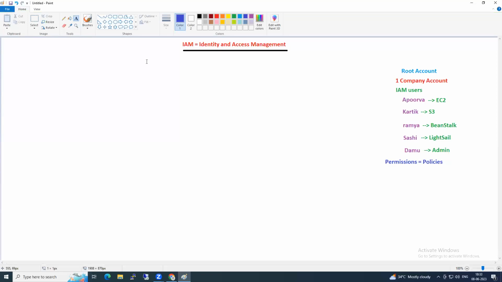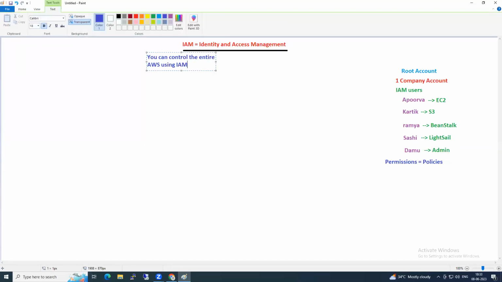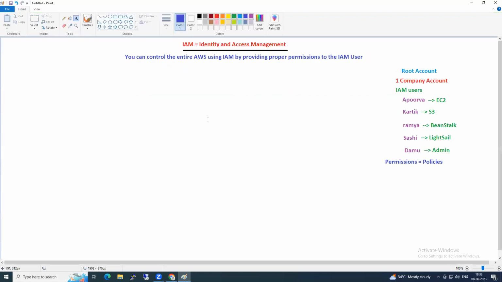So I'll write it here: you can control the entire AWS using IAM by providing proper permissions to the IAM user. If he wants to access my account, we definitely need to create an IAM user for him. Getting it slowly? Smooth as butter.